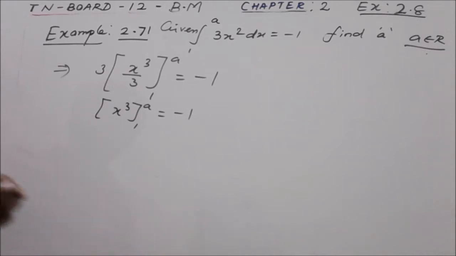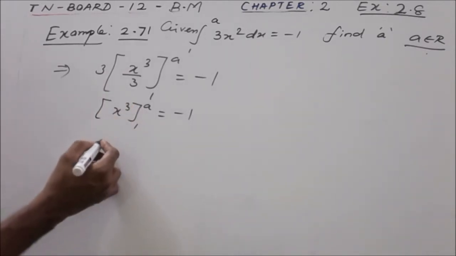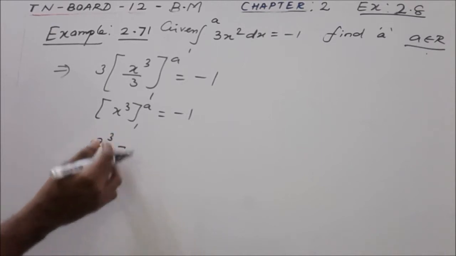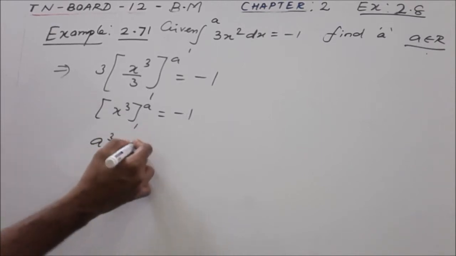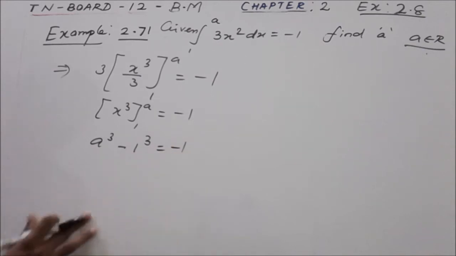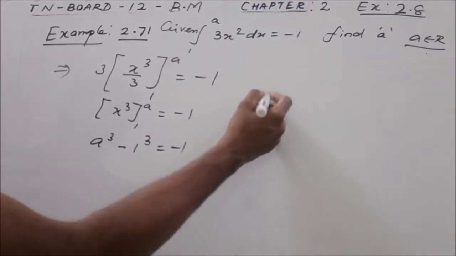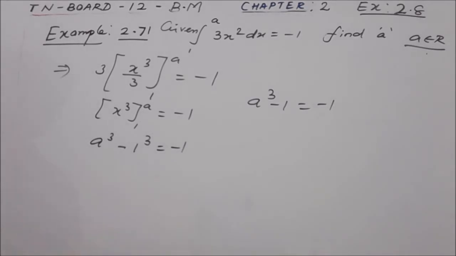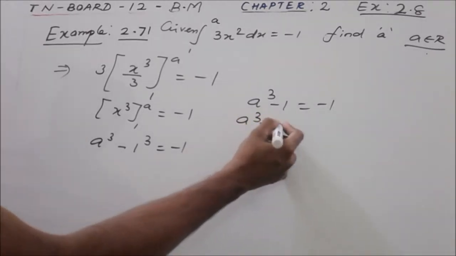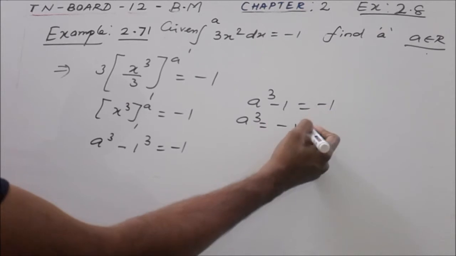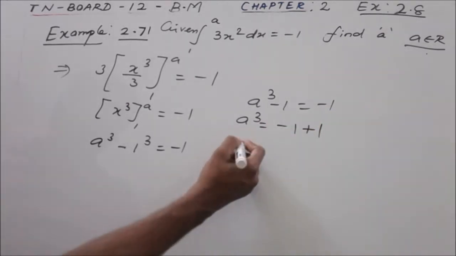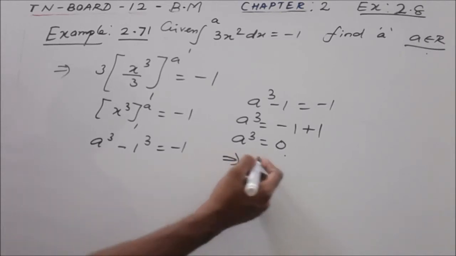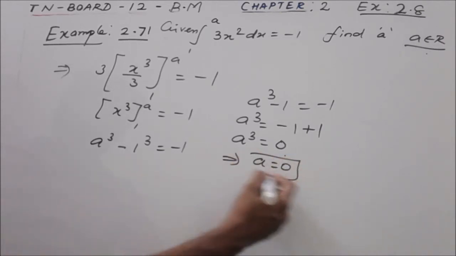Substituting the upper limit, a cube, minus the lower limit value 1 cube, equal to minus 1. So a cube minus 1 equal to minus 1. Now a cube equal to minus 1, and this minus 1 on the right side becomes plus 1. So a cube equal to 0, which implies a equal to 0.